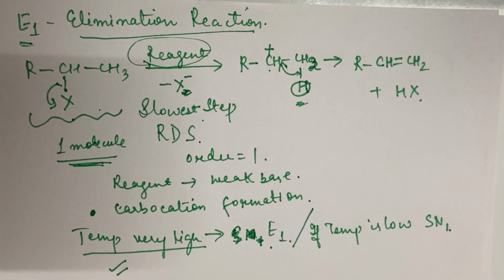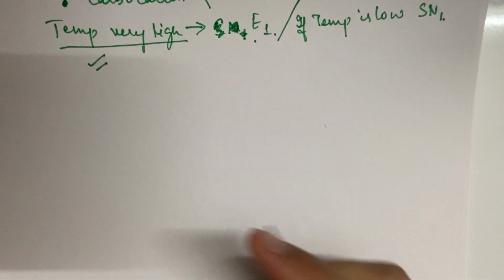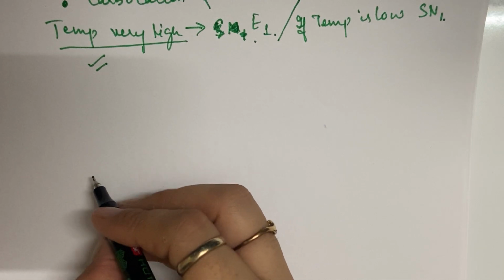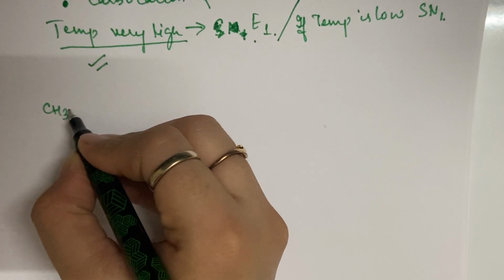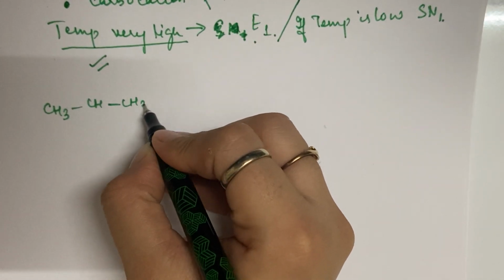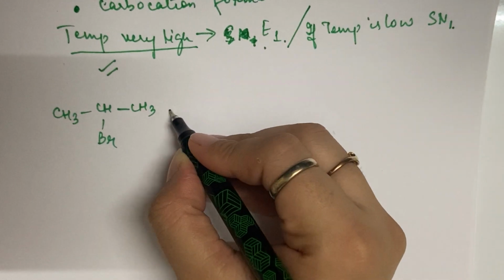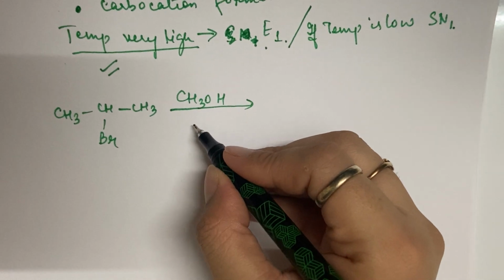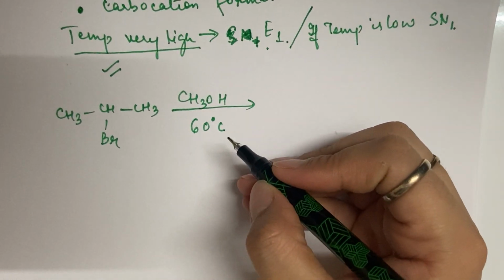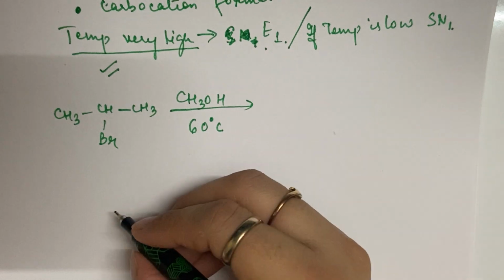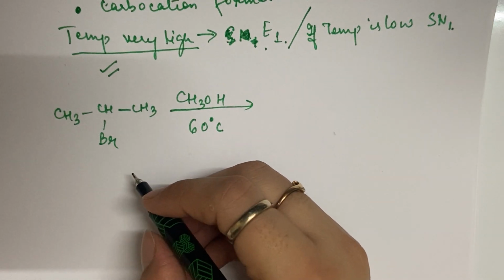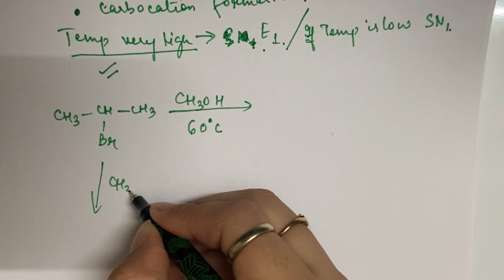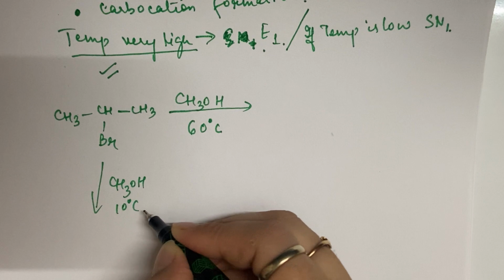Let us understand this topic by one example. See, you have CH3CH(CH3)Br, and it is reacting in the presence of CH3OH, which is actually a weak base. Temperature is mentioned here, which is 60 degrees Celsius, and you're taking the same reactant, but it is reacting with CH3OH only, and now the temperature is 10 degrees Celsius.